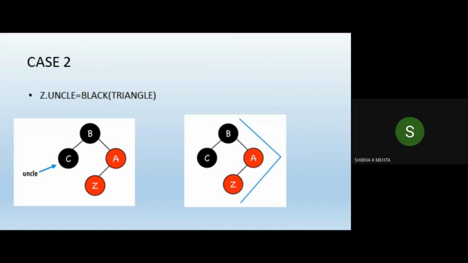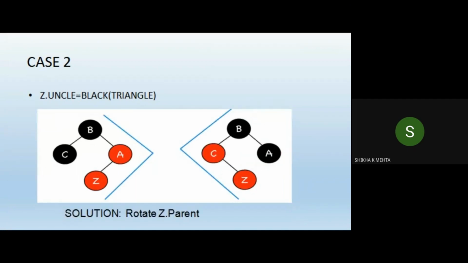If this kind of scenario is there, that means A is a right child of B, and Z is a left child of A. There may be the opposite case also. In the first part, you see A is the right child of B and Z is the left child of A. Similarly, I'm just telling you this may be formed in any of the subtrees.